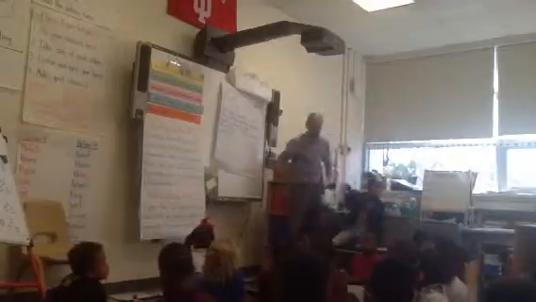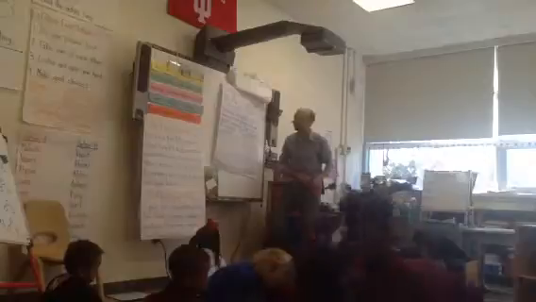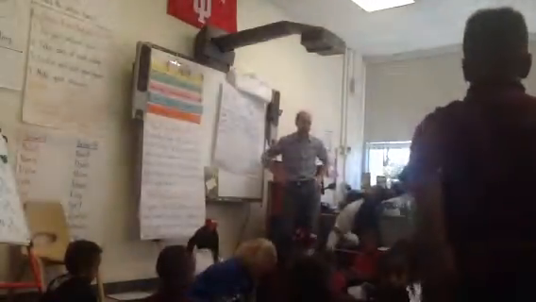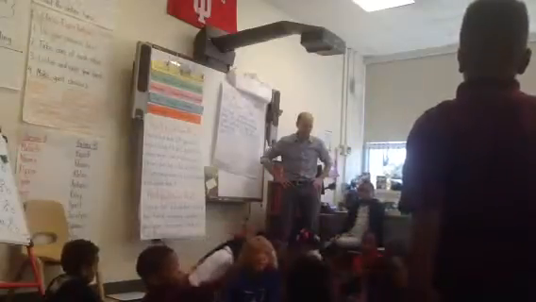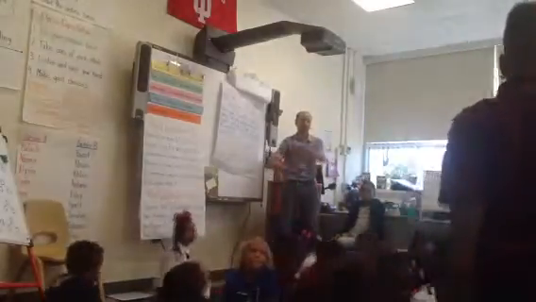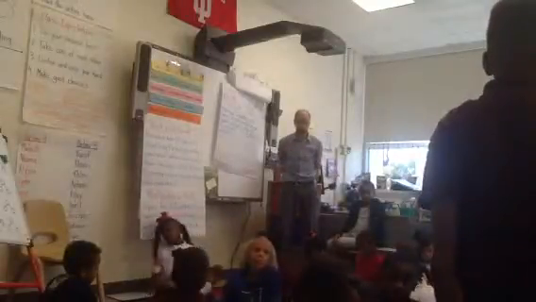Zaire, and your partner, can you answer the question? So, is Nina correct? Everyone should be tracking Zaire and his partner right now. Okay, Zaire? Is Nina correct or incorrect?